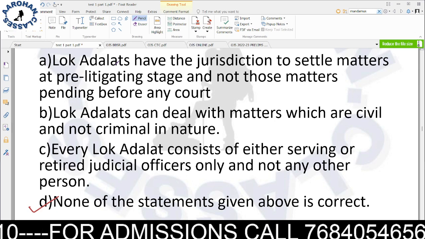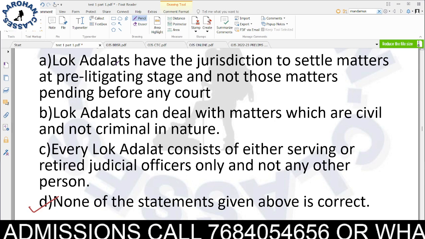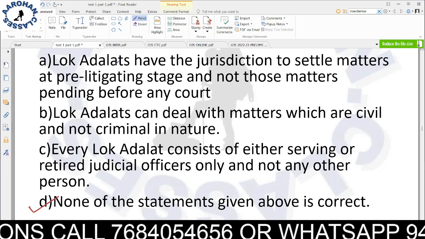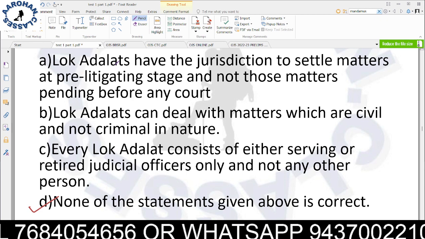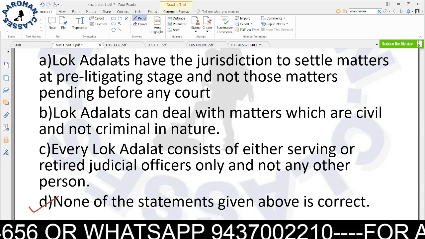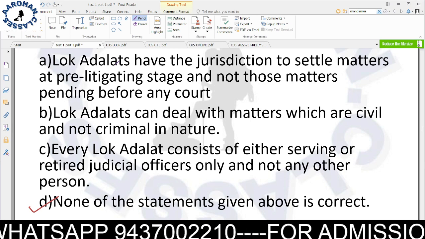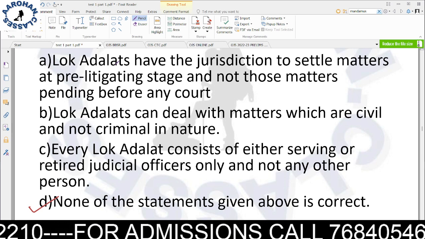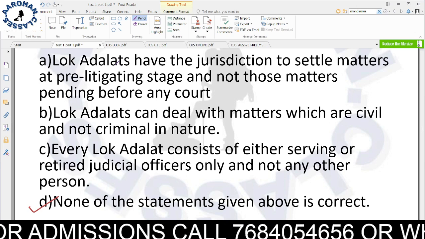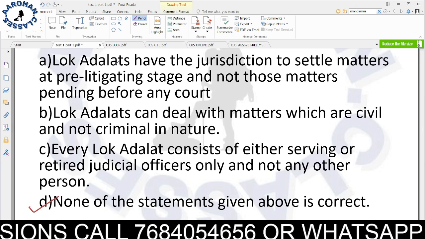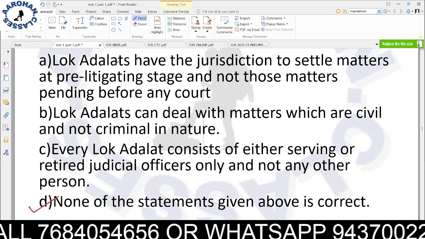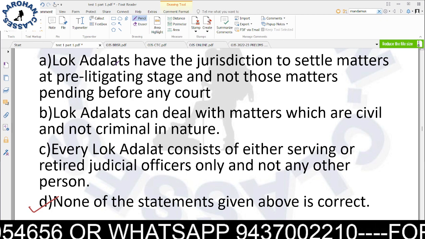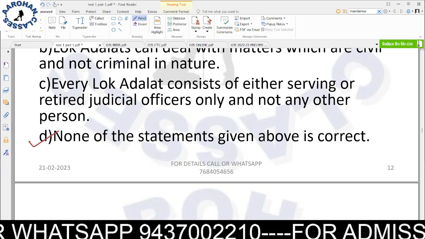That is nothing, Lok Adalats can deal with any matter, civil, criminal, whichever. Next: Every Lok Adalat consists of either serving or retired judicial officers only and not of any other person. So this is also wrong. Social activists, legal profession lawyers, they can also be part of it. So none of the above statements is correct. So D is the answer in this case.